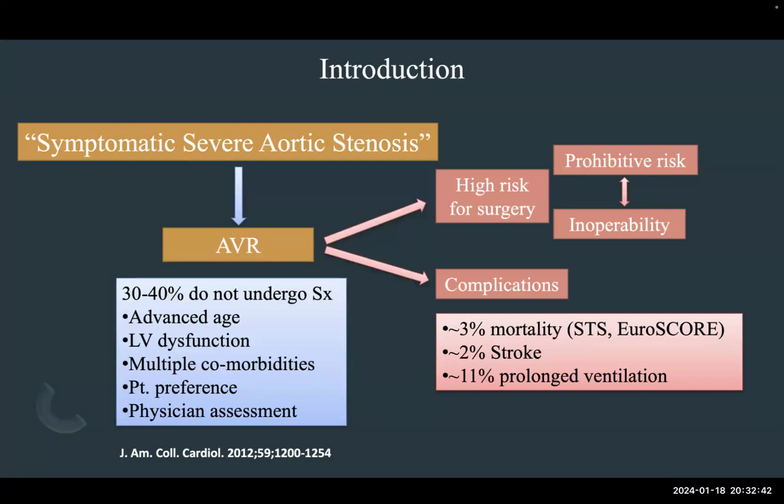But to be honest, there is almost half of the patients who are high risk for surgery or the patient afraid of complications. The risk of stroke is 2%, but I think it's more than 2%. I mean, 2% is what we quote, but usually it's 2.5% or something like that.